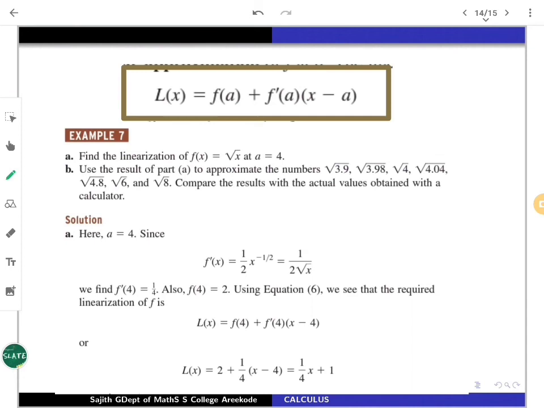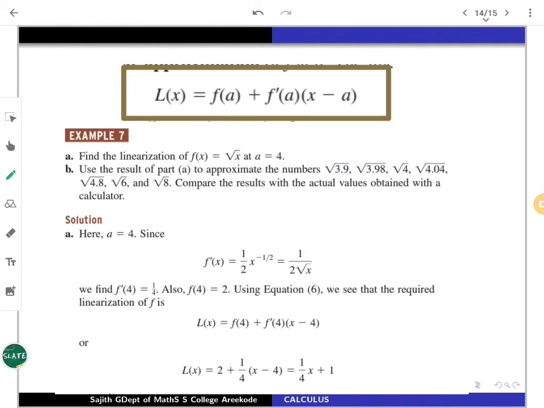In a small interval, if you are very near to a, you won't make much mistake in this approximation. So you can take L of x, which is given by f of a plus f prime at a into x minus a, for evaluating y equals f of x. So that can be applied in the example.